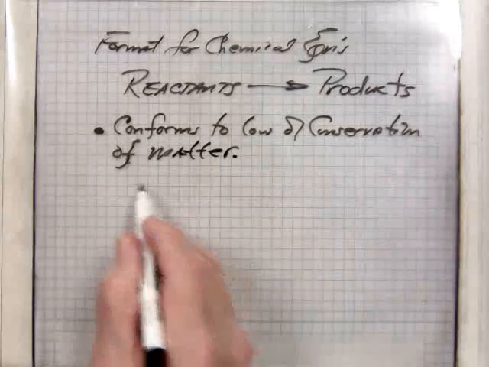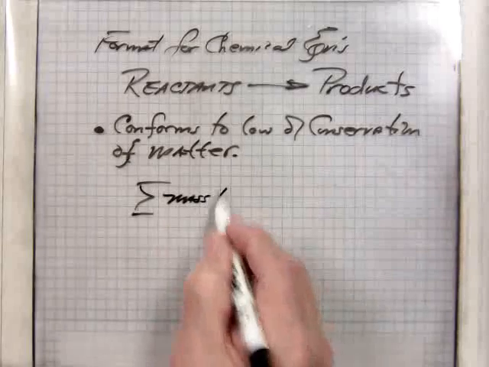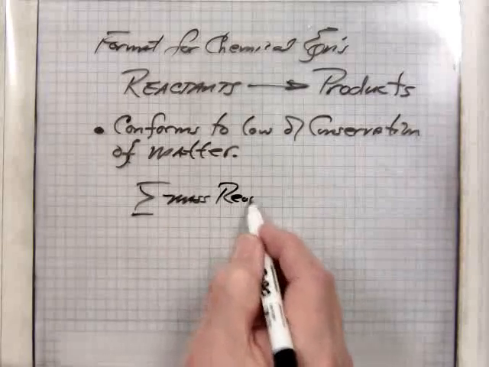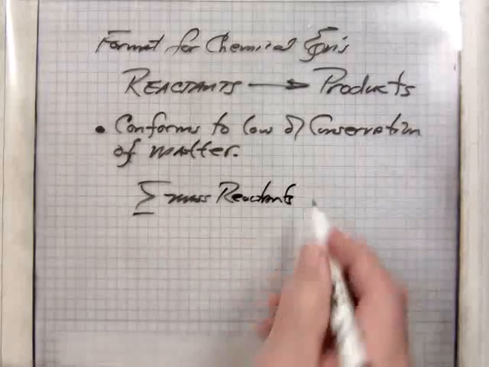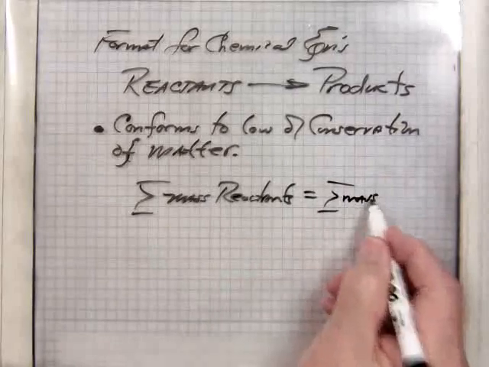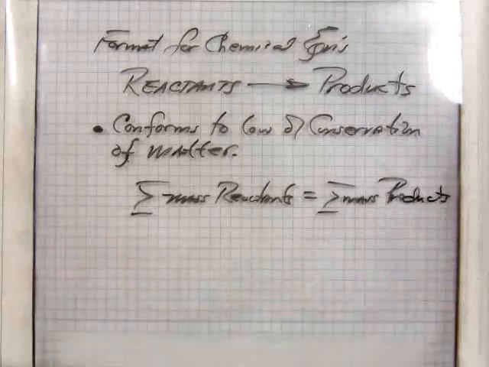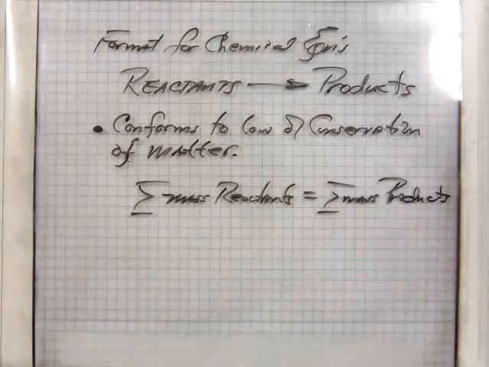This means certainly that the sum of the masses of the reactants must equal the sum of the masses of the products. And we recognize that in our chemistry courses and science courses, balancing the chemical equation.